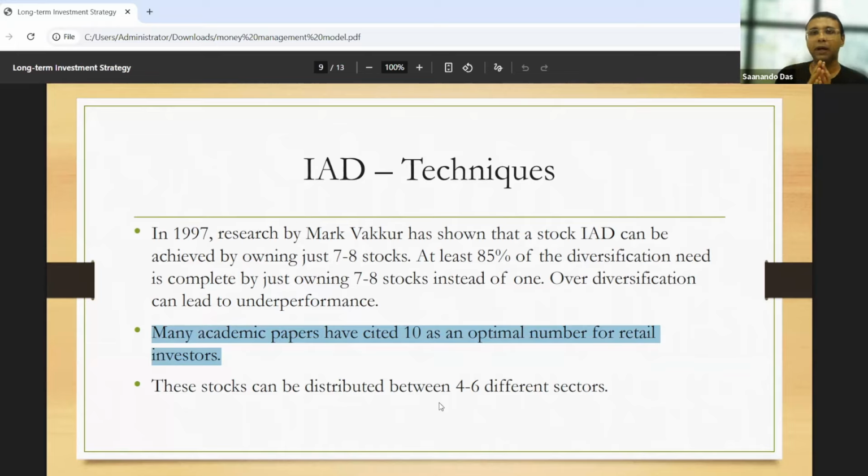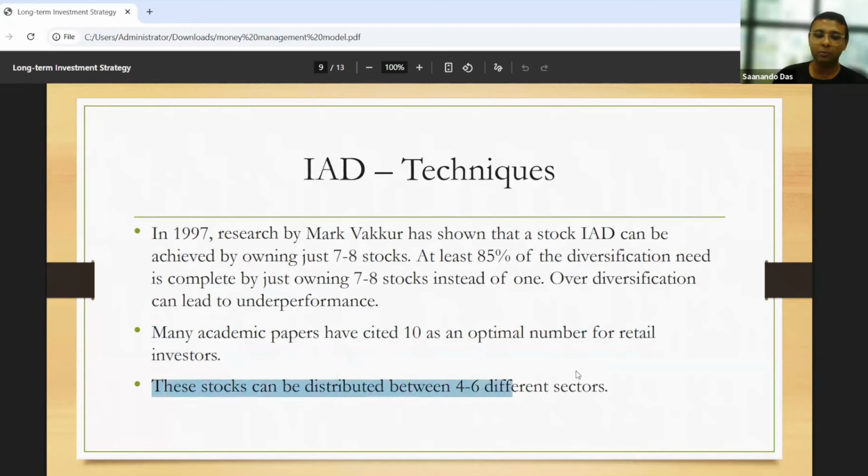Like in my case, in my international portfolio, I have significantly high weightage on Tesla. And these stocks can be distributed between 4 to 6 different sectors. Once the money management part is over, I think you will have a very good idea of how to grow your money at a respectable return rate.